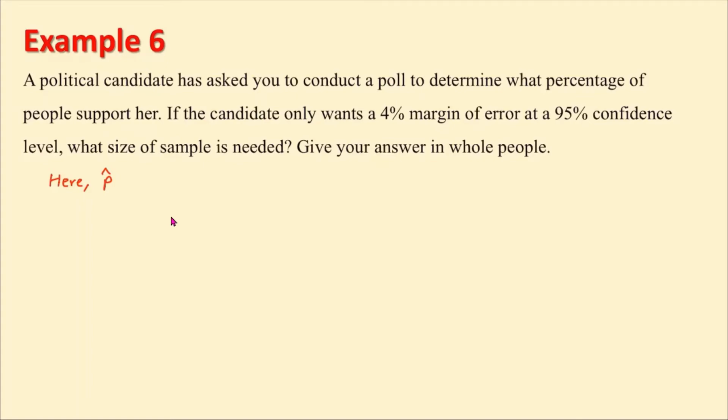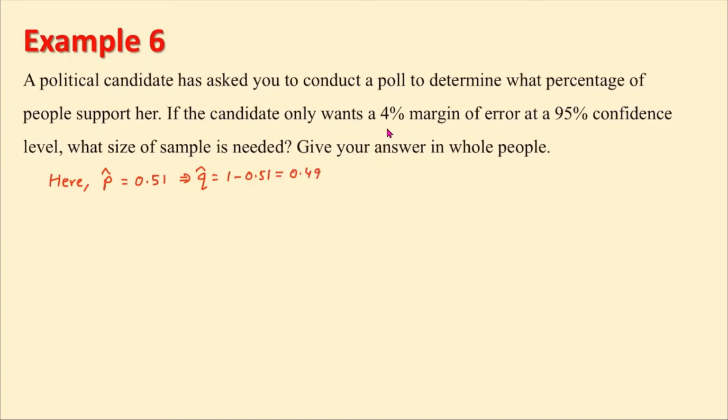So P hat must be 0.51, because if it is 50%, then 50% people will support, 50% will not. So in order to get the majority of people supporting the candidate, it should be a minimum of 51%. So P hat is 51. So meaning of that is a Q hat will be 1 minus P hat, which is equal to 0.49. That is 49% not in favor. That is the minimum requirement.